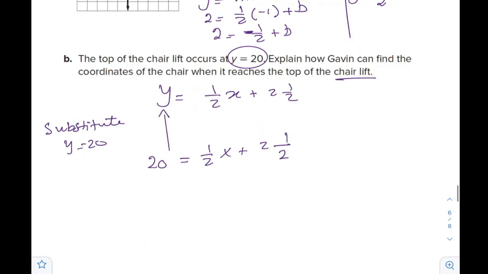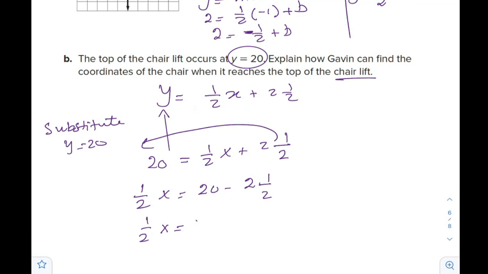How can I solve? Normal solving. So half x equals 20 minus 2.5. So half x is 17.5.